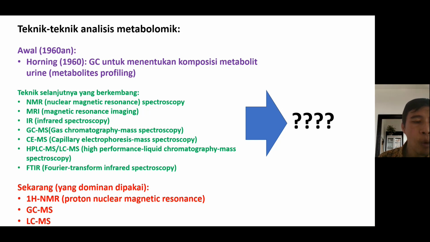And afterward, the technology evolved, and various kinds of techniques then rose and developed. So now we can use nuclear magnetic resonance spectroscopy, with which we can quantify the samples as well as identify the characteristics of the samples, and also magnetic resonance imaging, and also infrared spectroscopy to quantify your samples.